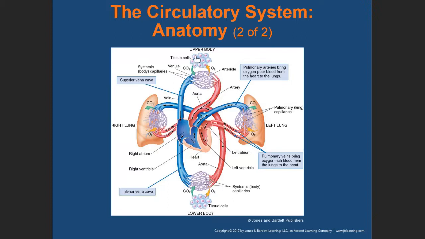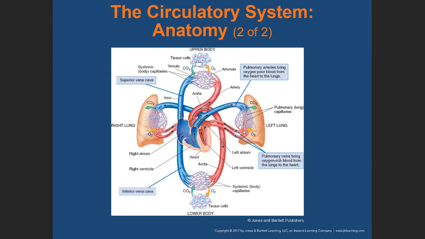So deoxygenated blood from the upper portion of the body and lower portion of the body will travel via the superior and inferior vena cava, and that blood will empty into the right atrium.